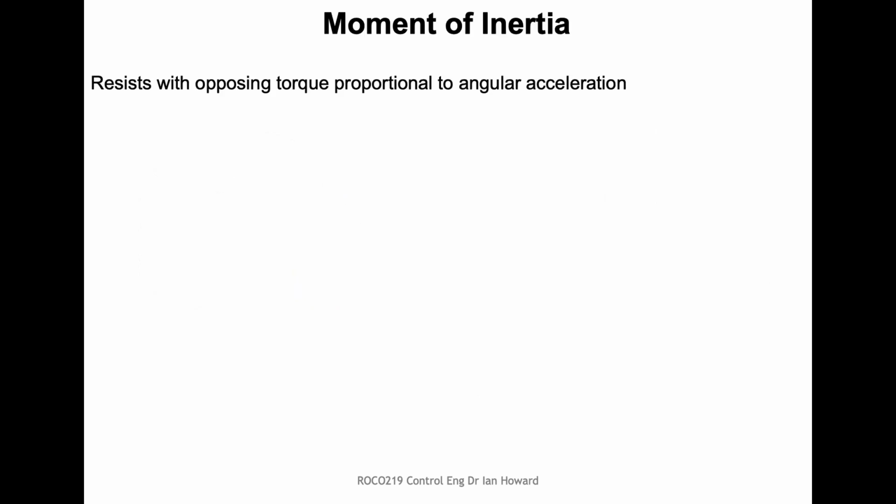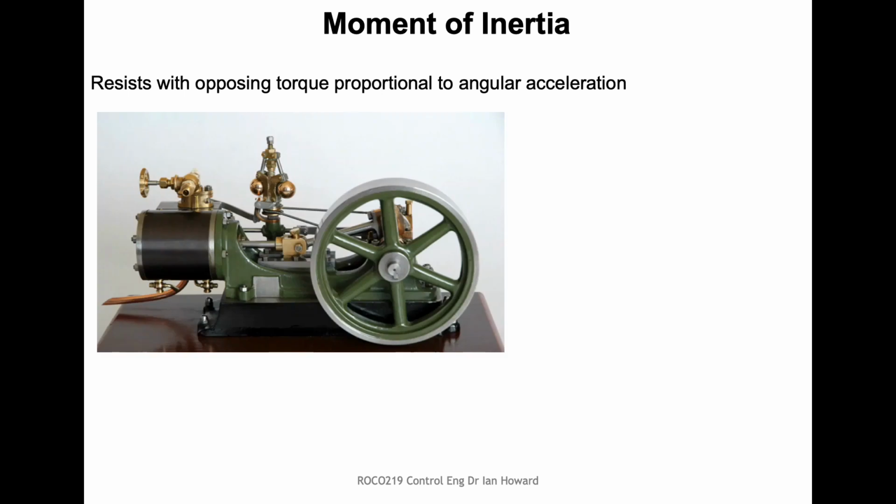If we're rotating, though, we need to care about moment of inertia as opposed to inertial mass. In the same way as mass opposes linear acceleration, this opposes angular acceleration. An example is a flywheel on a little steam engine.